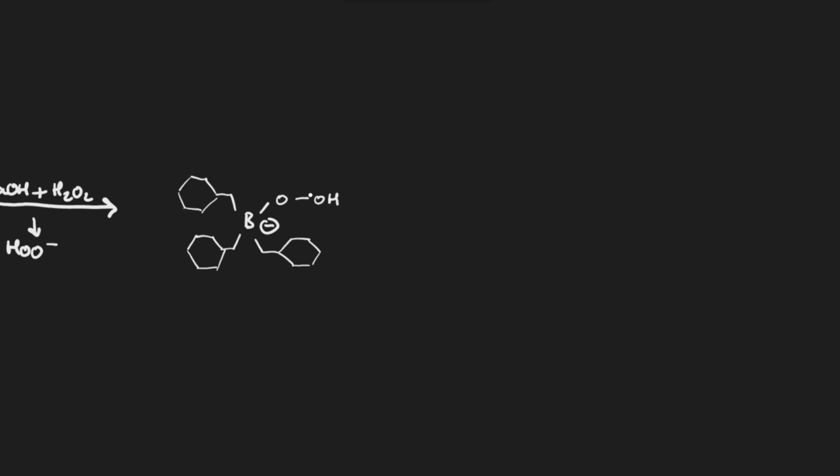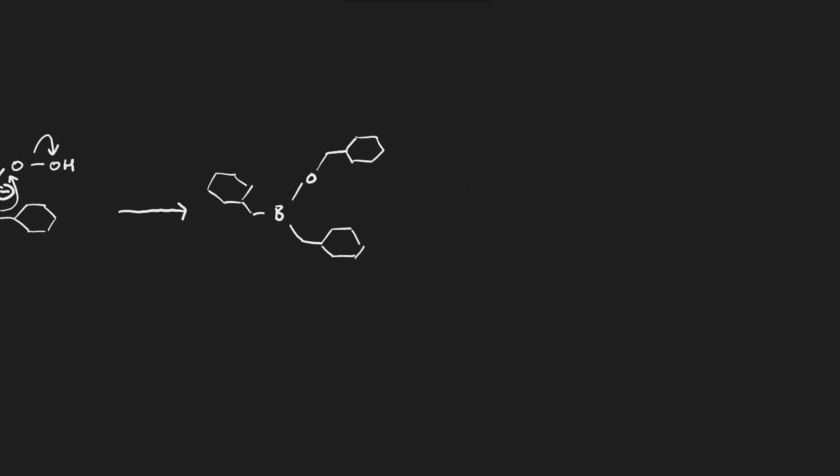So what happens essentially is we have an arrow coming around like this and like this, and we form this molecule right here. Sorry, we're going to be forming our borate ester. Borate ester right here, like so. Okay.